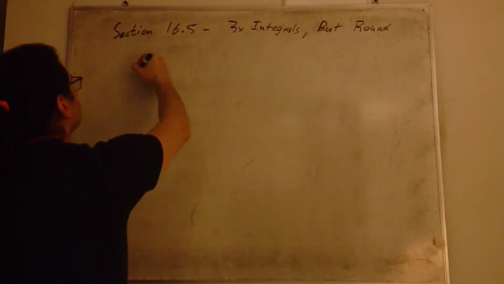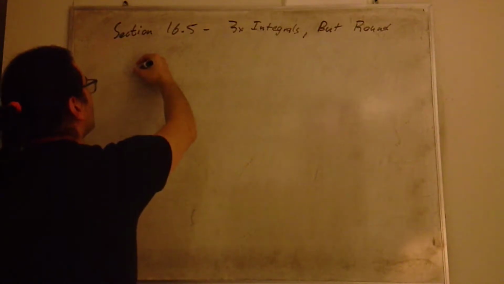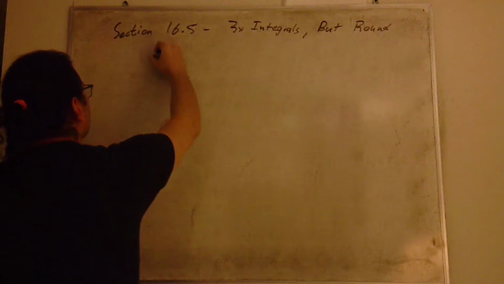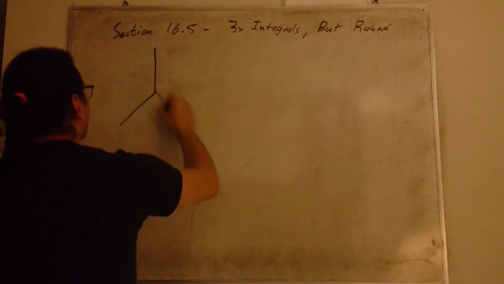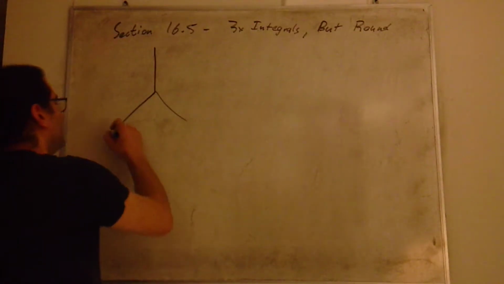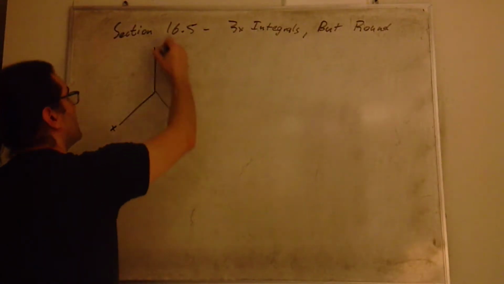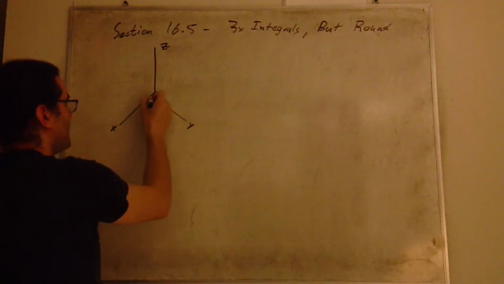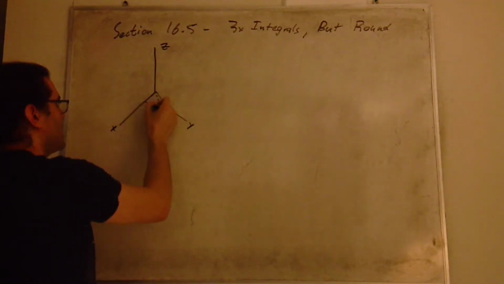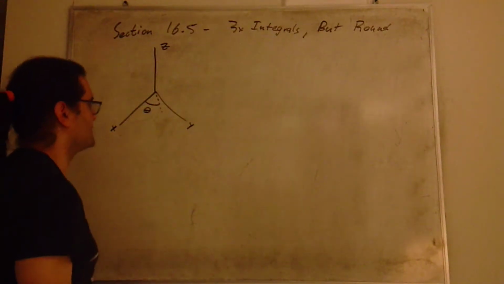I want to sort of diagram some cylindrical coordinate stuff. If this is x and this is y and this is z, this angle is still theta. That hasn't changed from polar.